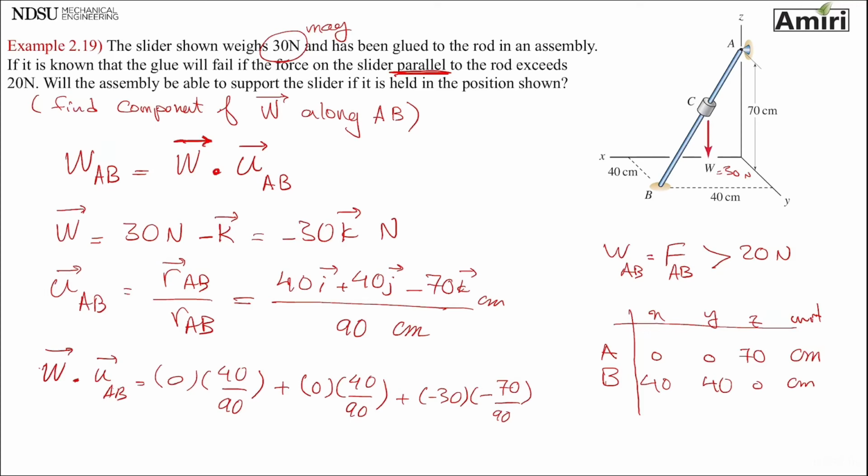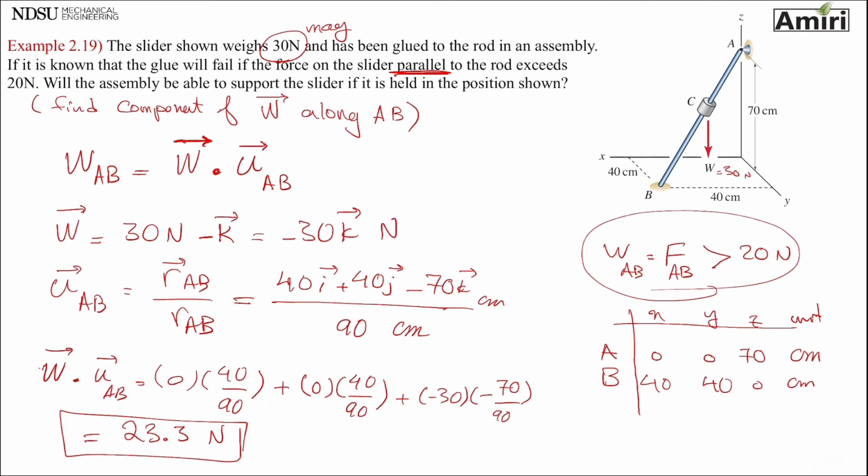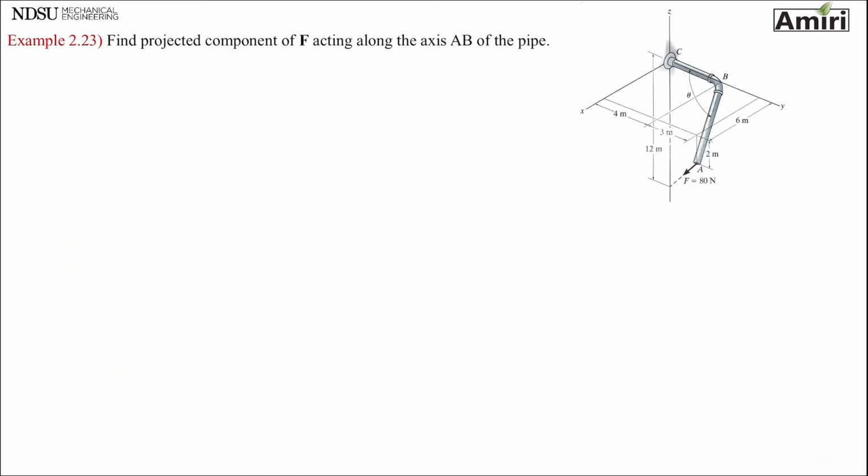No IJK, remember this is a scalar, no IJK whatsoever, so it's going to be 23.3 newtons. So what happens? That's right, the slider fails because the force along the rod is exceeding the amount that glue can hold.